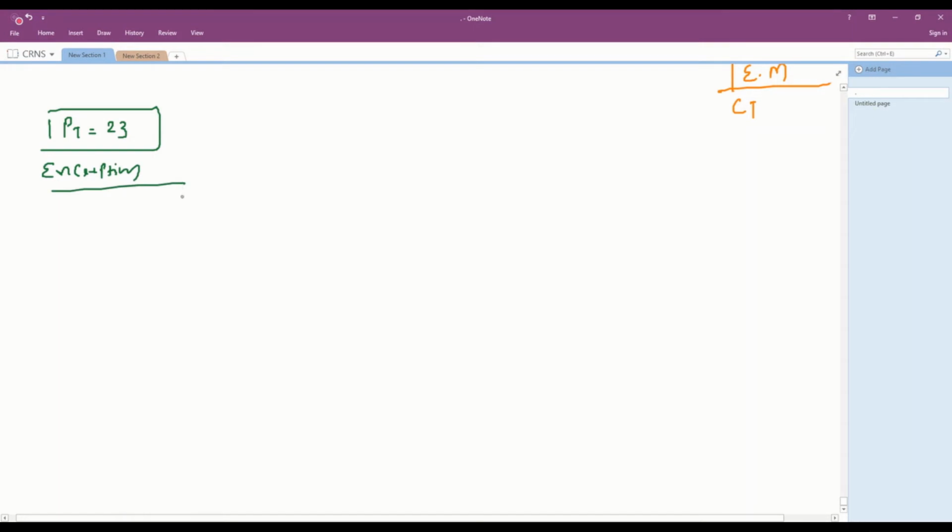Encryption. Okay. So the steps are, very first thing, you need to select the random number R. So here I am selecting R equal to 4. Second, now you will be having the ciphertext also in two parts.